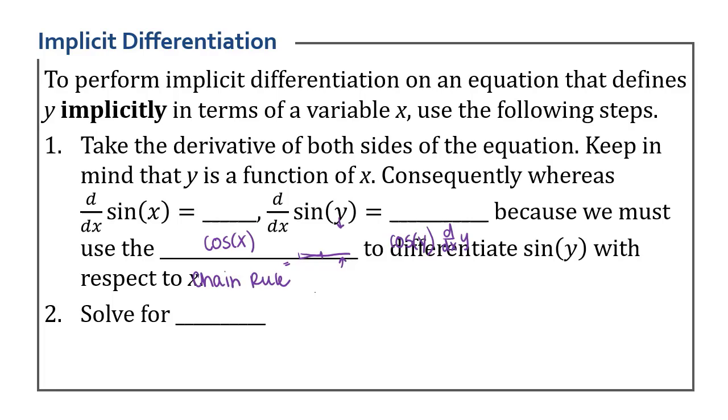Once you have that, we can rewrite this as dy dx. Our whole goal is to solve for dy dx. So once you've done that, you solve for dy over dx.